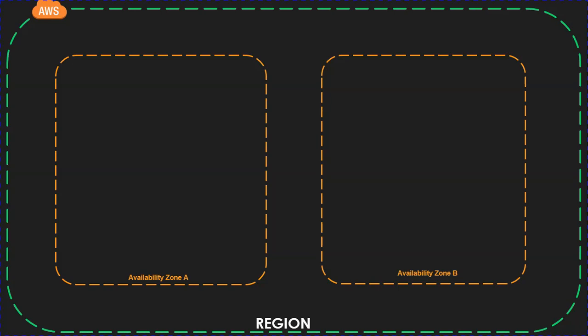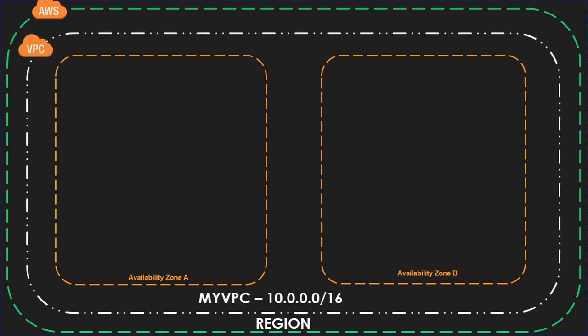So using multiple availability zones in a particular region, before going further, we have the Mumbai region in India. We have multiple availability zones in the Mumbai region, which you can use for redundancy purposes. Using this region and availability zone, you will be customizing your virtual private cloud.